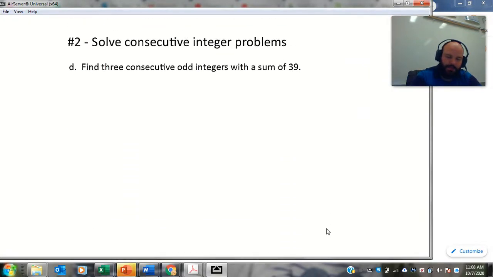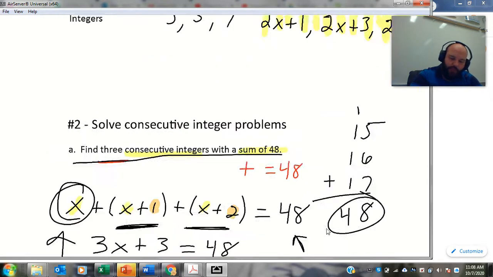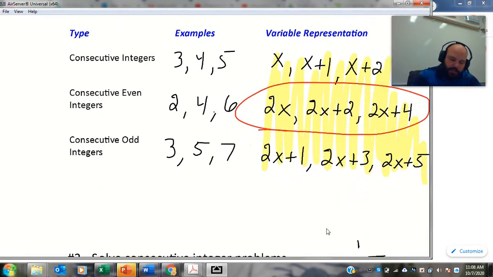Okay, so the last one we're going to do is to find three consecutive odd integers. So this is the same idea, but we want consecutive odd integers. So we need to scroll up and look at which of the three formulas I should be using. So right here it says consecutive odd integers.